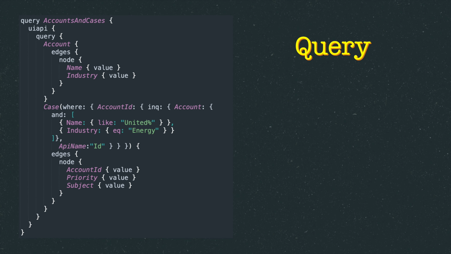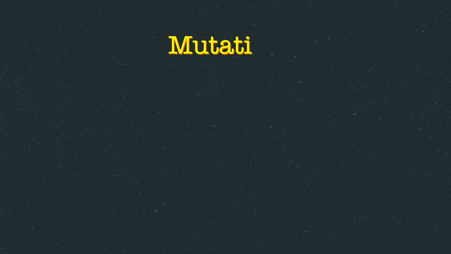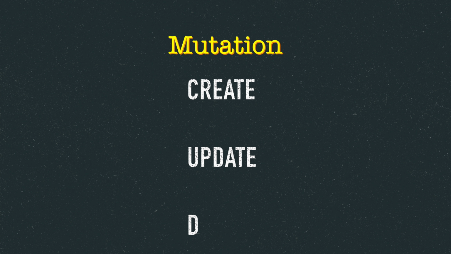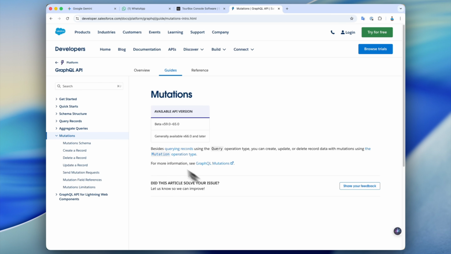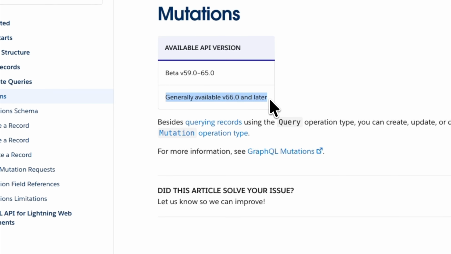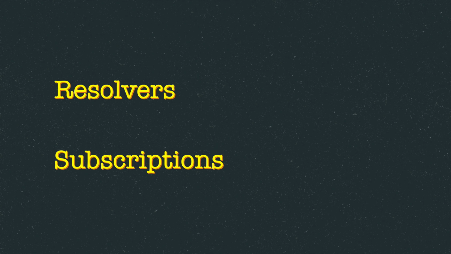Query is the get version of the API, where you can fetch data from the server using a specific query. Then we have mutation, which is used for create, update and delete. This is the reason I'm making this video right now, because in the Spring 26 release, Salesforce started to support mutation. And then we have resolvers and subscription. Those we don't have to worry about now because they are not supported by the Salesforce platform as of now.